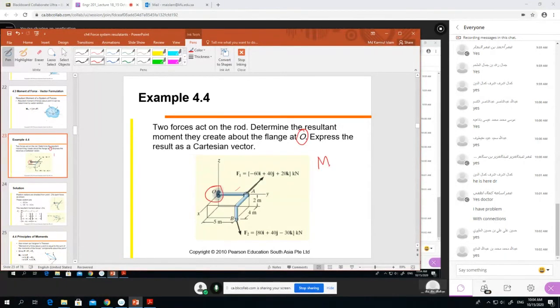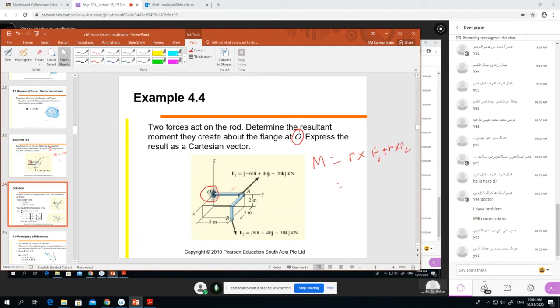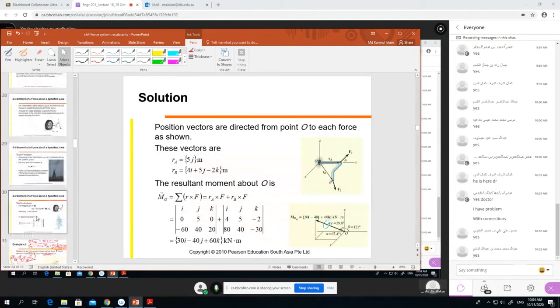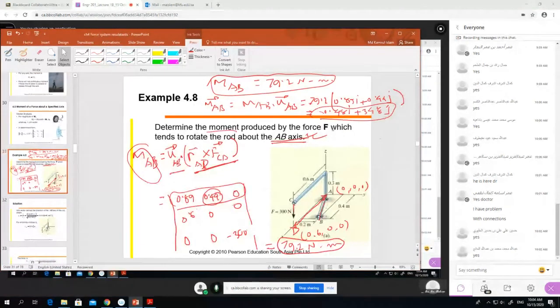In that case, we just did R cross F. If there were F1 and F2, then we did R1 cross F1 and R2 cross F2. But in another question, they ask for the moment about a specific axis. In that case, we take R cross F and multiply it by the unit vector along the axis we want. So understand the difference, okay?